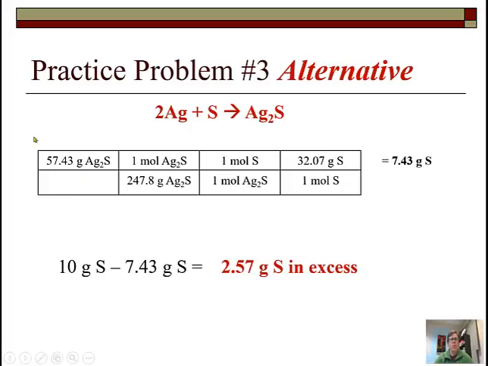But remember, in order to get this, we had to go through this a couple times. And if we messed up our molar mass here, or we messed up our molar mass there, this could have given us the wrong 57.43. That's why instead of using the original product, I like taking the original reactant, the limiting reactant, and converting it into the excess reactant, because both those values were given to us in the problem.